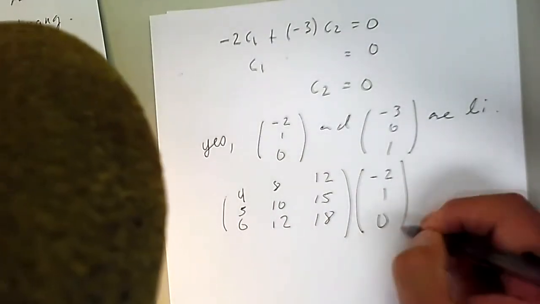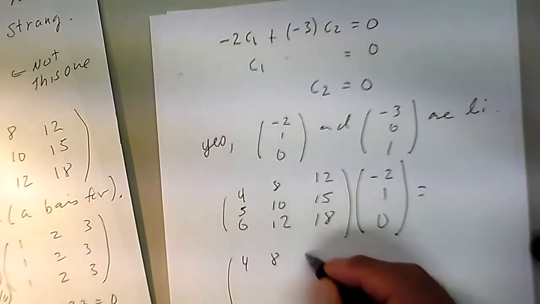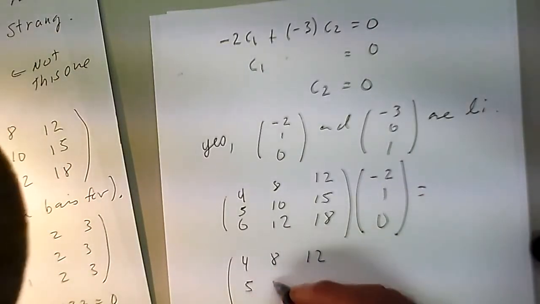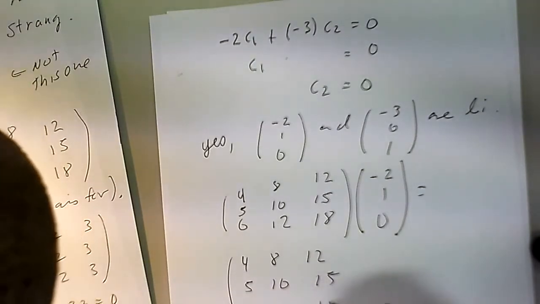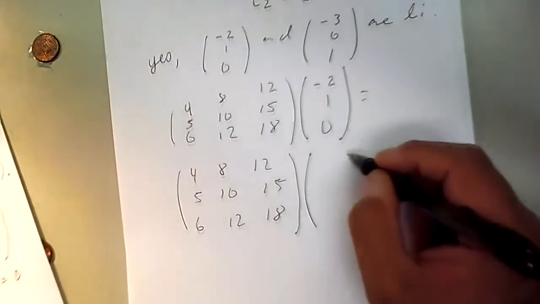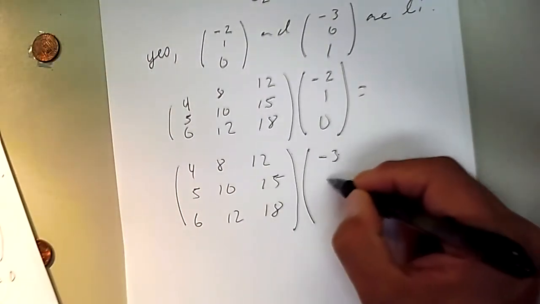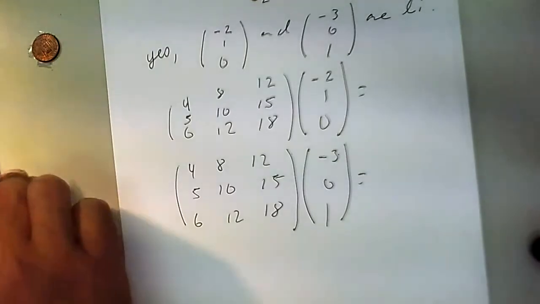1, 0. And then we're going to multiply that same matrix, the original one, with the other vector, and we better get 0, 0, 0.